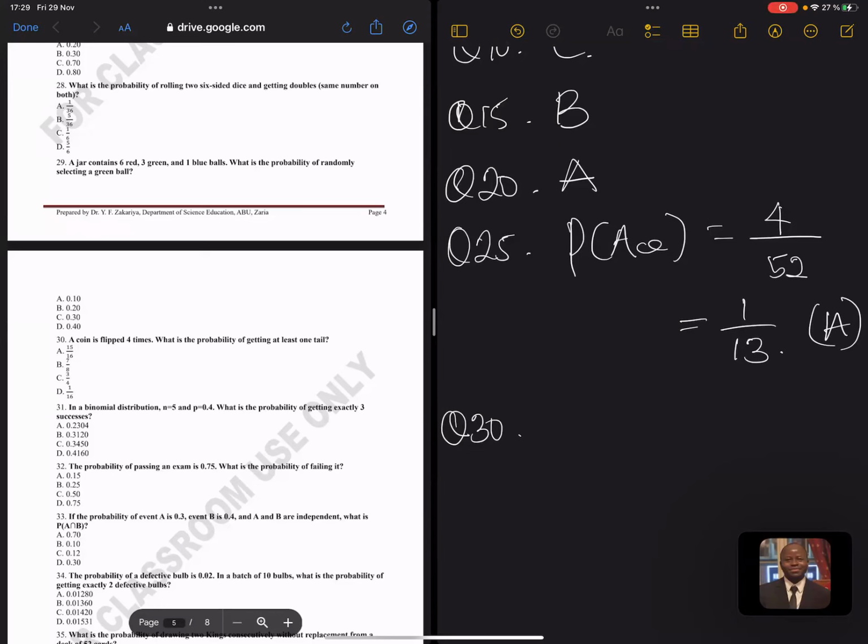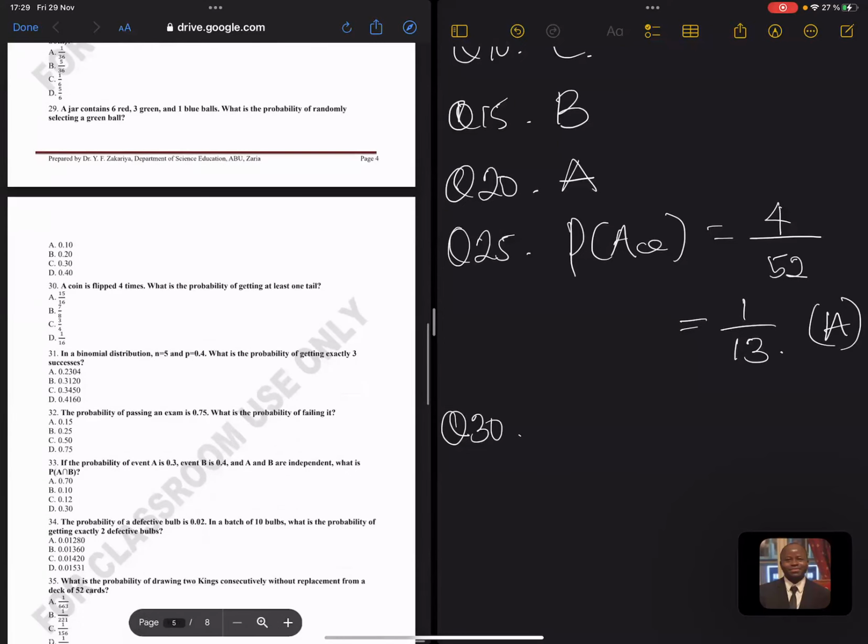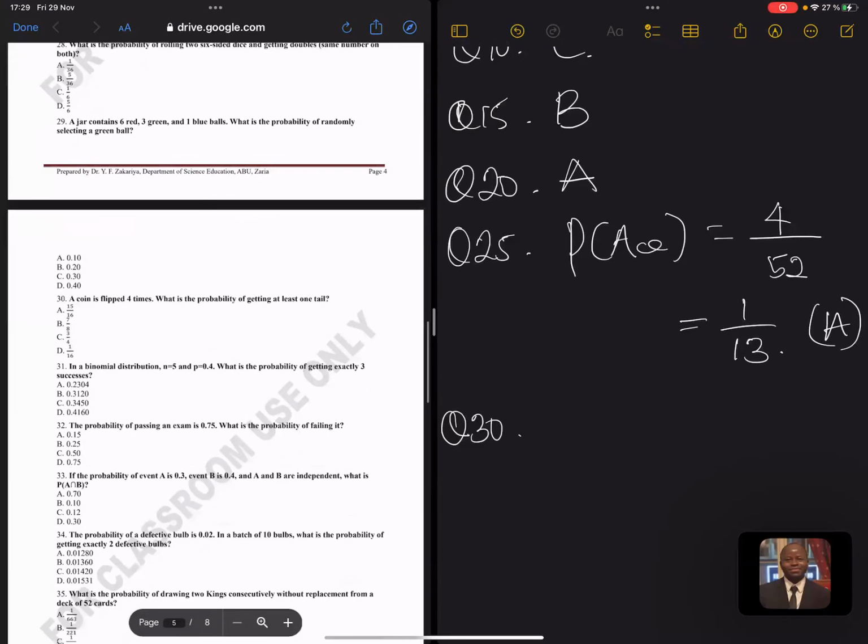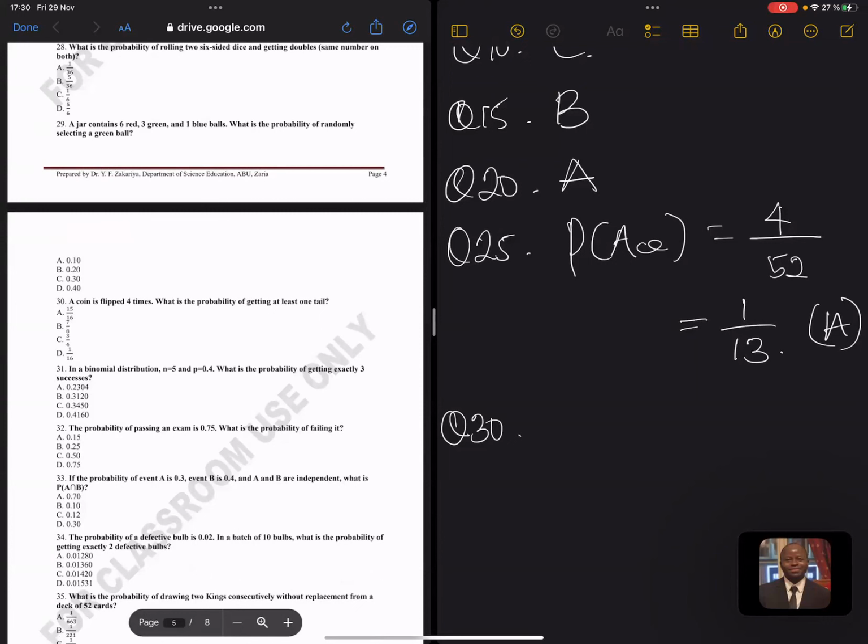I hope you remember this type of probability. By the way, this type of probability is called what? Before we start the solution, when a coin is flipped 4 times, or when a die is rolled several times, 10 times, 15 times.